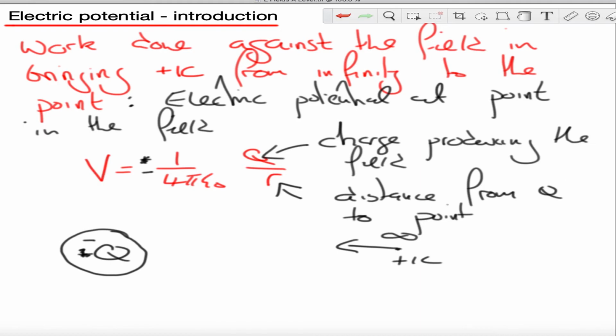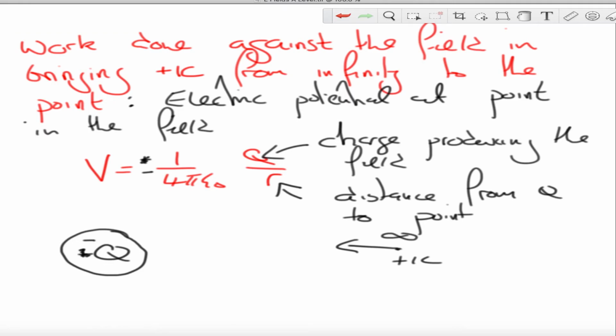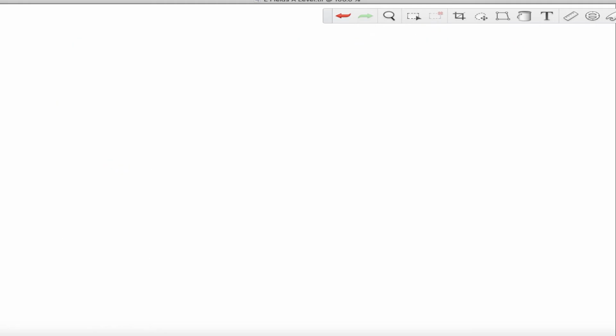So let's look a little bit in detail at the field lines, so the potential in the field.